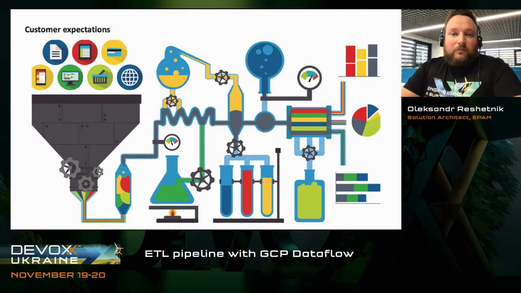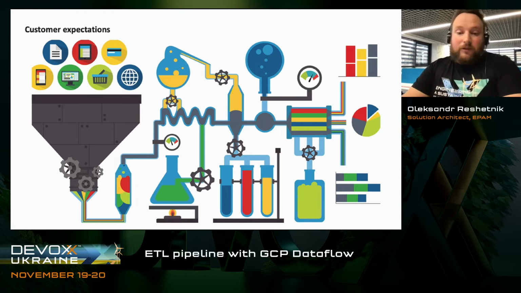And when the customer came to my team, the customer expectation was something like this. Please do some magic that makes daily reports from all of our data. Make our data more accessible, more convenient for investigation and exploration.